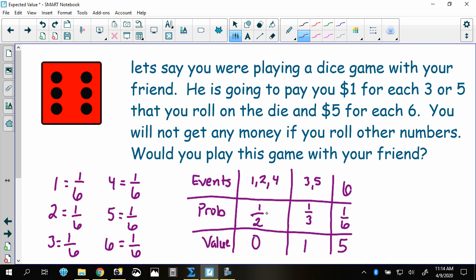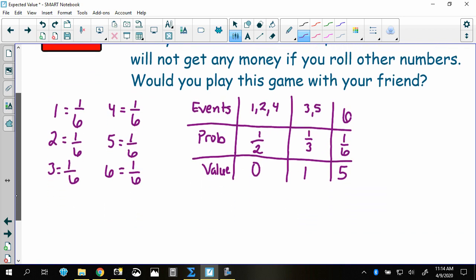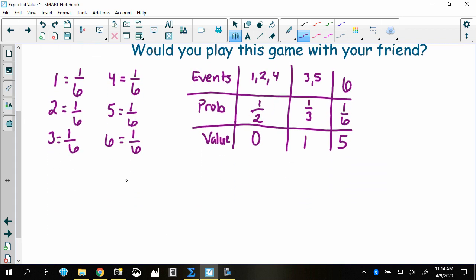So we're going to multiply these numbers together and then add up those products. So you can always make yourself some kind of table like this to organize your information. So 1/2 times 0 plus 1/3 probability times 1 plus 1/6 probability times 5.